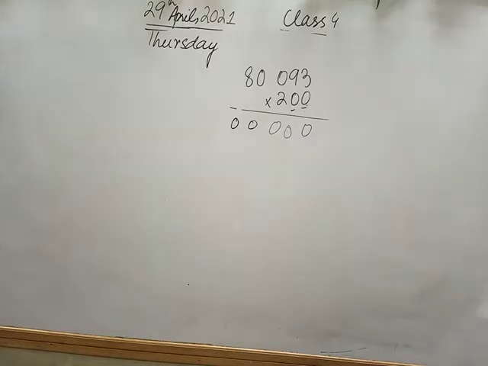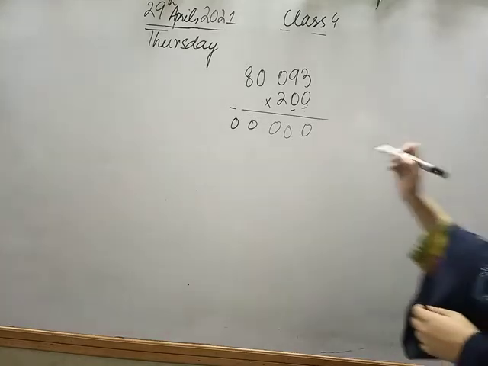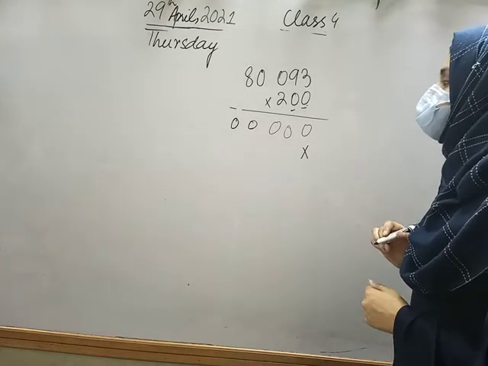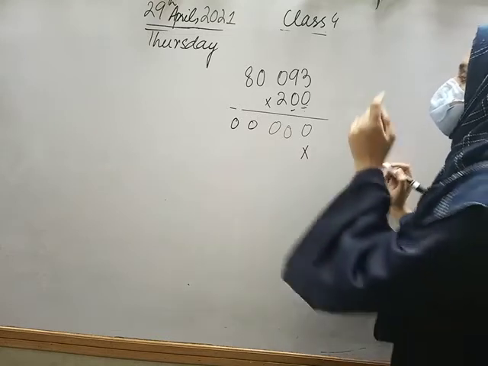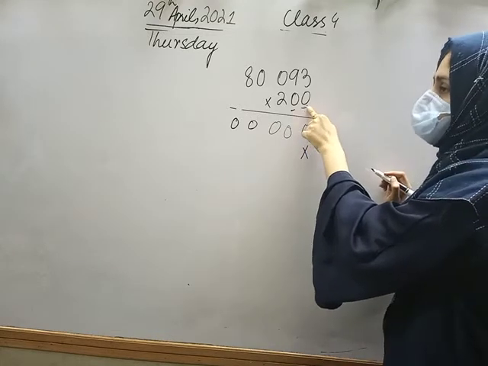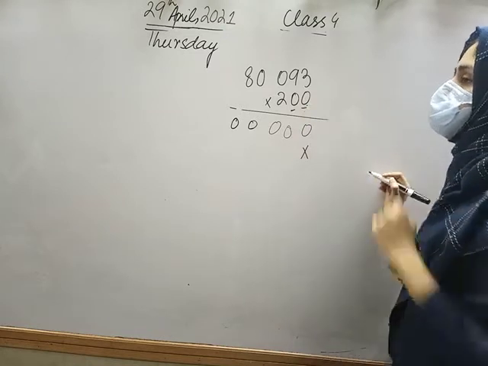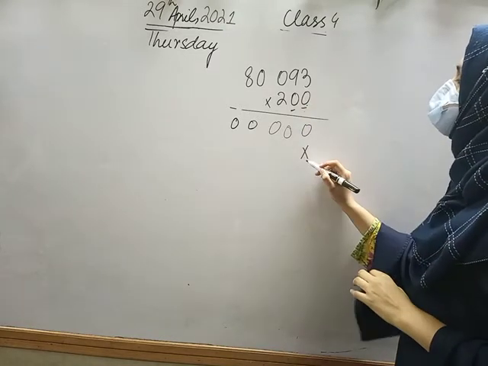Now we will multiply this 0 with the whole number. Very good. So 3 times 0, but we will write a multiplication sign here because we have done with the 1-digit number.